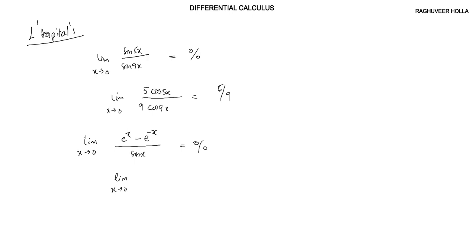Now by applying L'Hopital's rule, this is limit x tends to 0 of e to the power of x plus e to the power of minus x divided by cos x, right? Now by applying x equal to 0, we get 1 plus 1 divided by 1, which is 2.